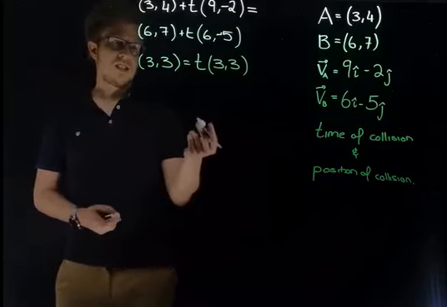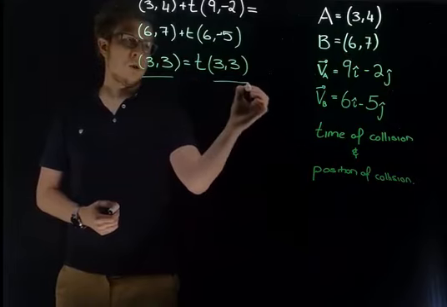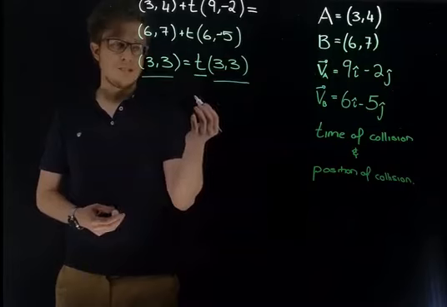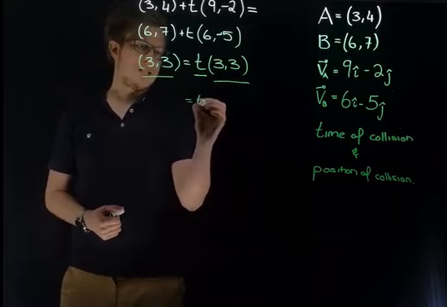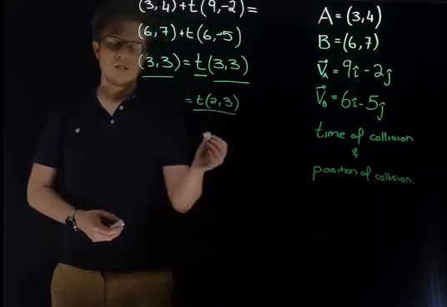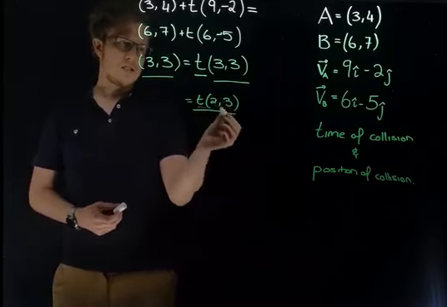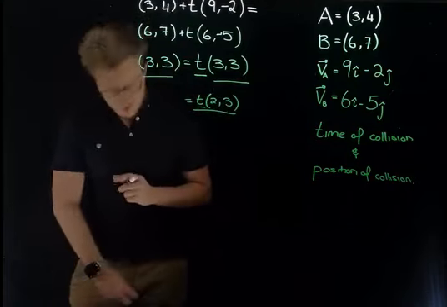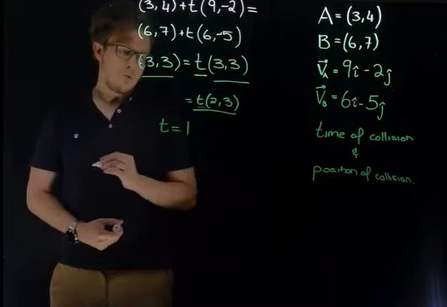So what you'll notice in this particular case is that in order for this to be a multiple of this, there has to be some t. So for example, if it were, say, t(2, 3), then we'd know that these particles will never collide, because there's no t such that this vector will equal this vector. But here it actually works out quite nicely, and we just get t is equal to 1.